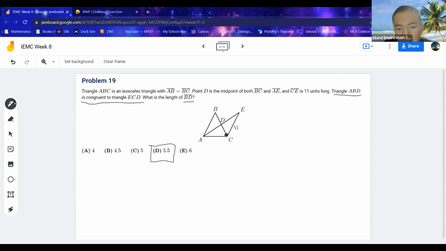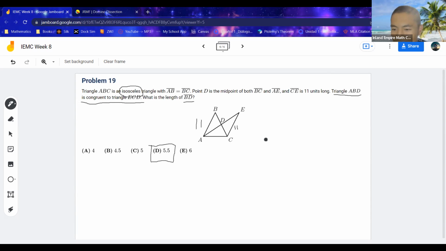Since these two triangles are completely equal, and we know that EC is 11, what is the length of AB? Good, Joyce, it's 11. And since triangle ABC is isosceles with AB equals BC, what is the length of BC?